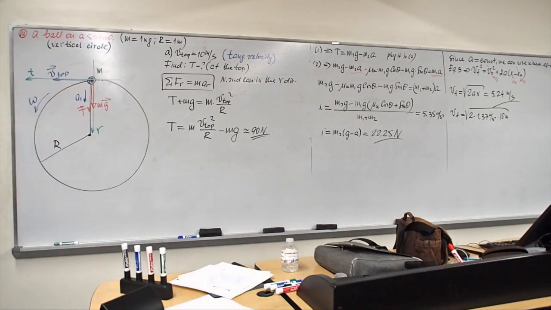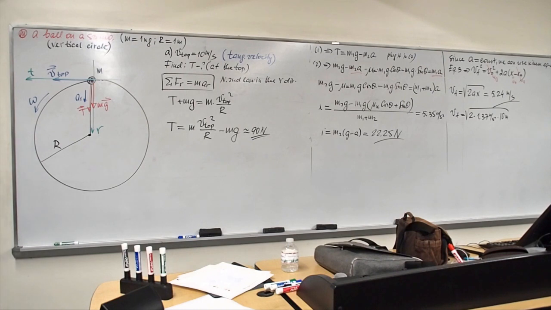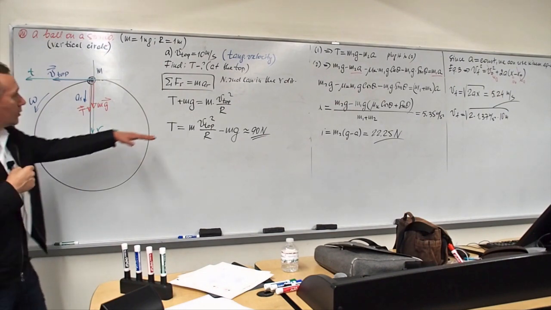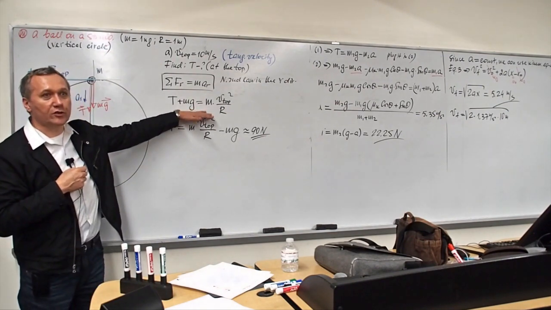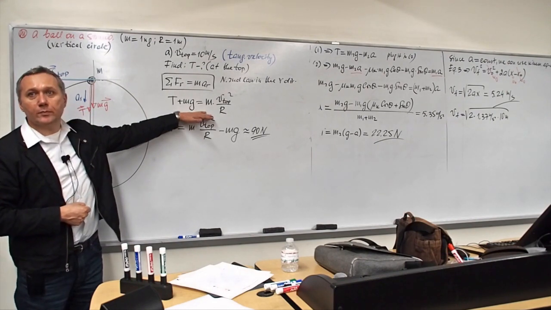It's also possible to have a question like this, for example: what's the value of the velocity at the top when the tension, when this string goes slack? So how can we express that in our Newton's second law? When the string goes slack, what does it mean? T is equal to 0. Tension disappears, right?